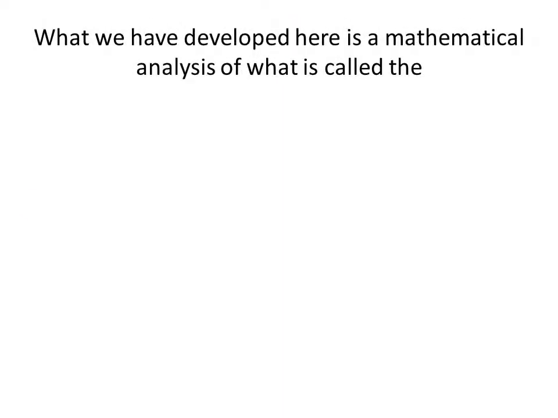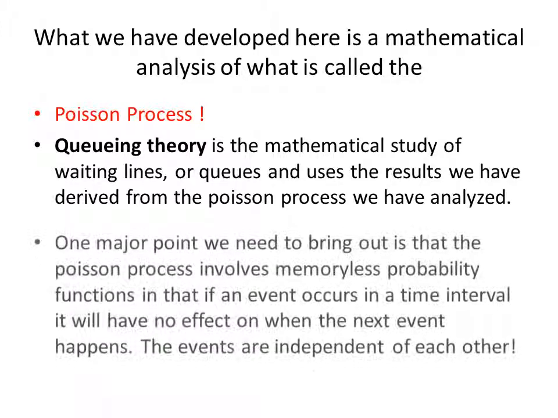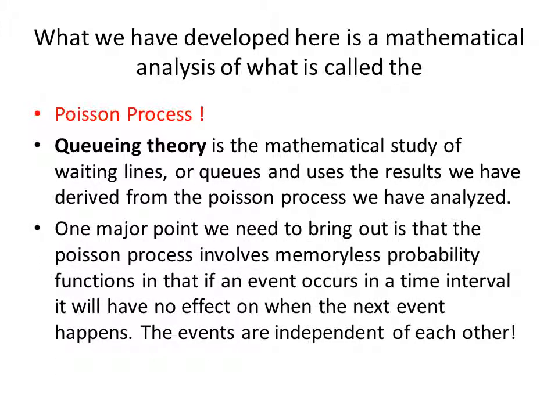What we've developed here is a mathematical analysis of what is called the Poisson process. Queuing theory is a mathematical study of waiting lines, or queues, using the results that we have determined and derived. A major point that we need to bring out is that the Poisson process involves memoryless probability functions.